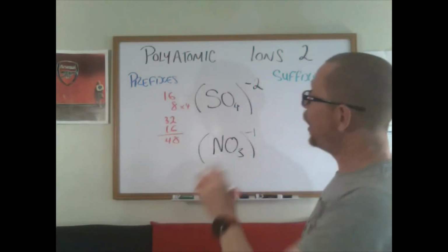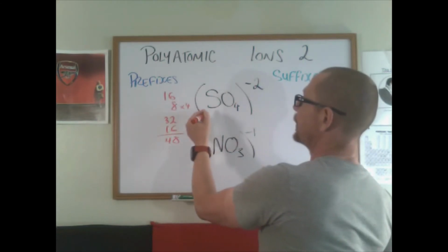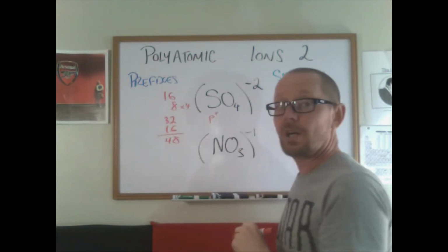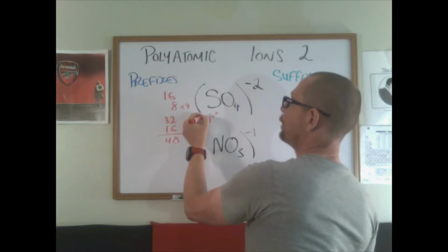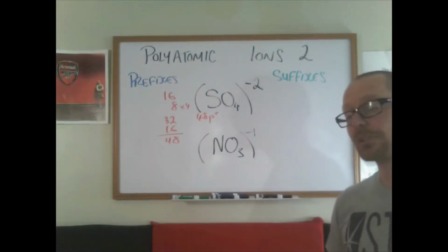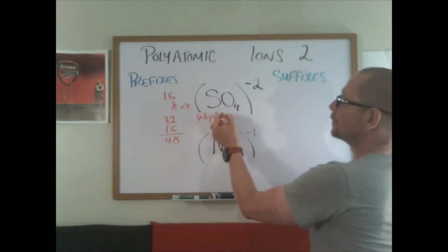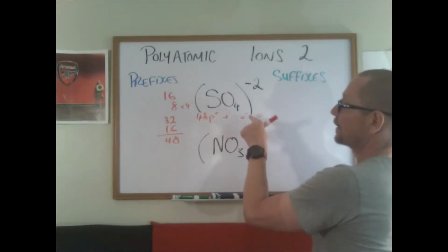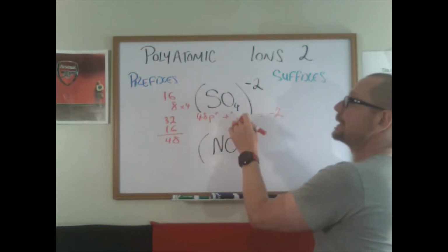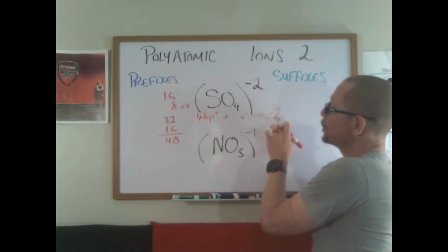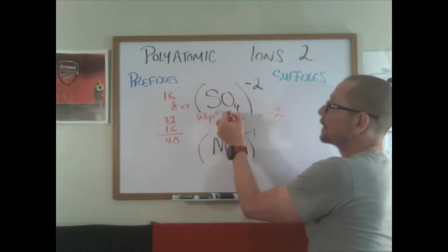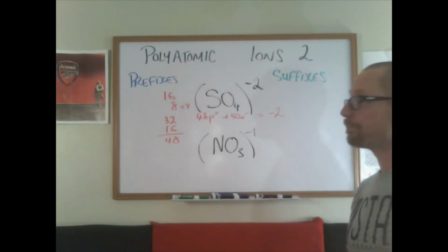So overall, in the sulfate group, there are 48 protons, 48p+. So that means that to equal a charge of -2, there needs to be a surplus. There need to be 2 extra negatives, so there are 50 electrons. Okay?